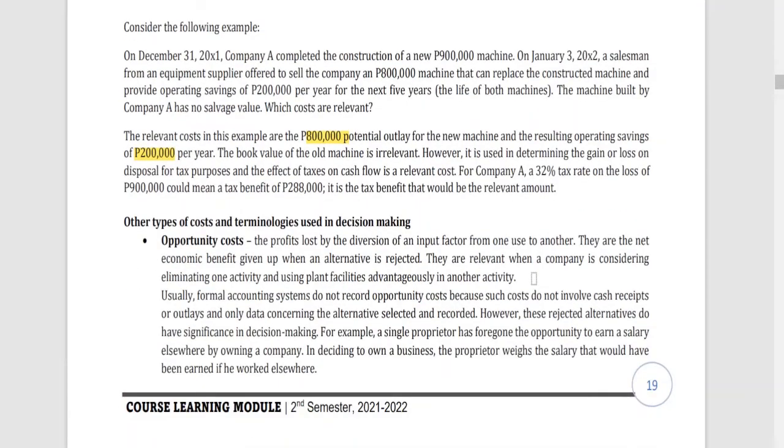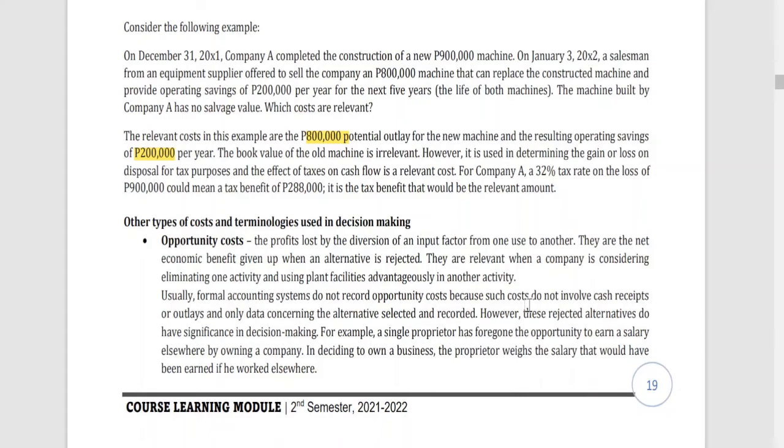There are also other types of costs and terminologies that are used in decision making. So, first, we have the term opportunity cost. It is defined as the profits lost by the diversion of an input factor from one use to another. So, di ba, pag mamili ta, we have the choices. We have one alternative compared to another alternative.